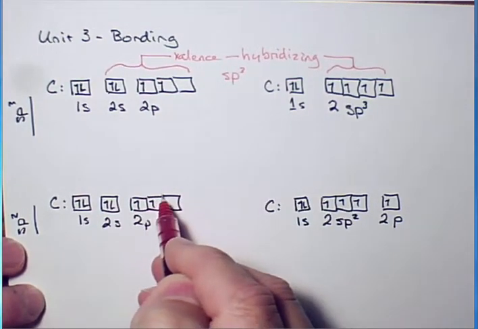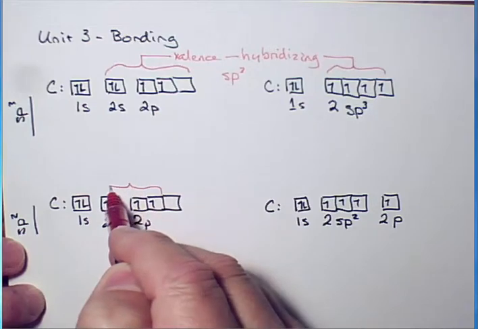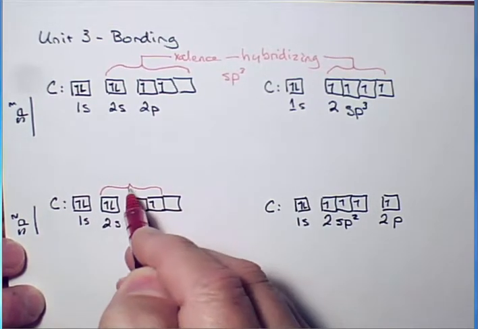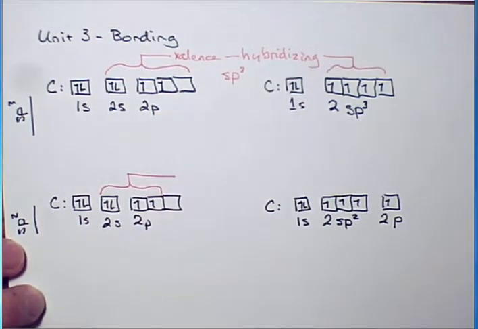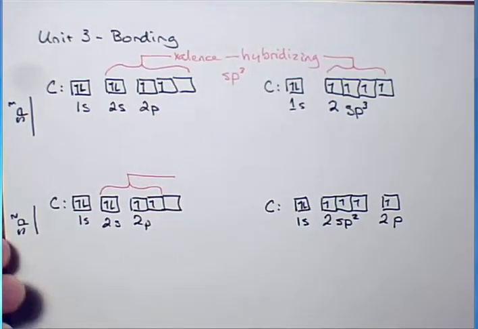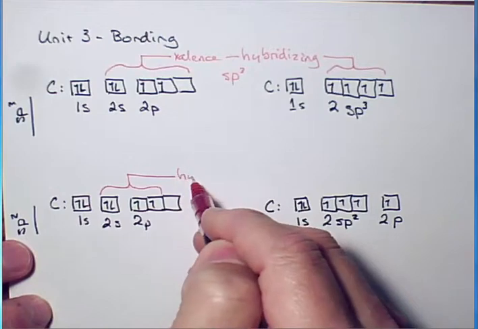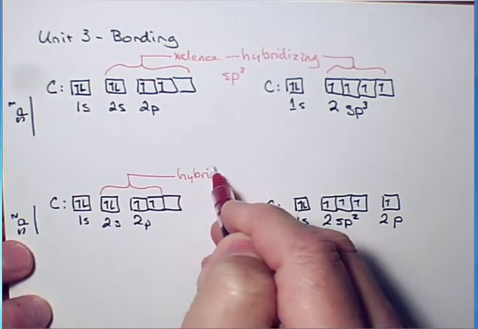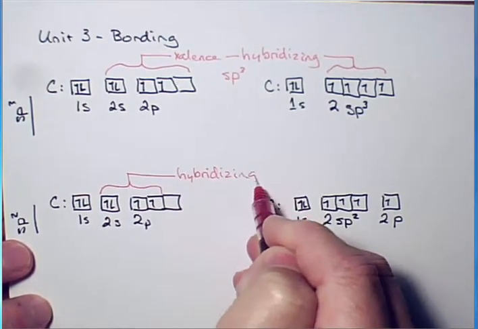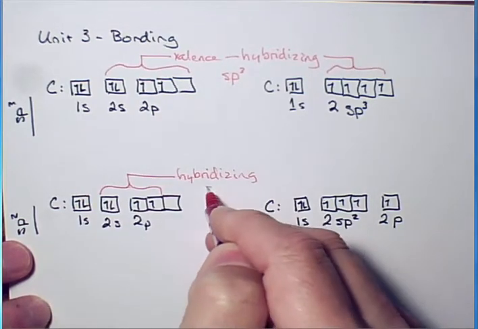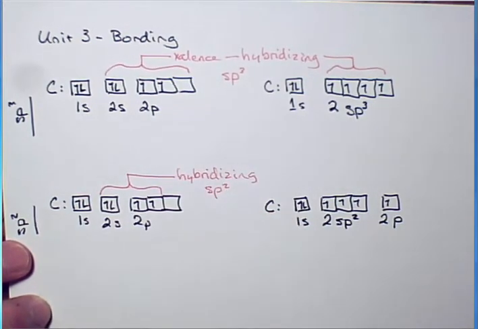So in this case, we're only hybridizing 1 s and 2 p's. So this is not the entire valence level, just 3 of the 4 valence orbitals. But we're hybridizing. And the hybridization we're doing here is sp2.